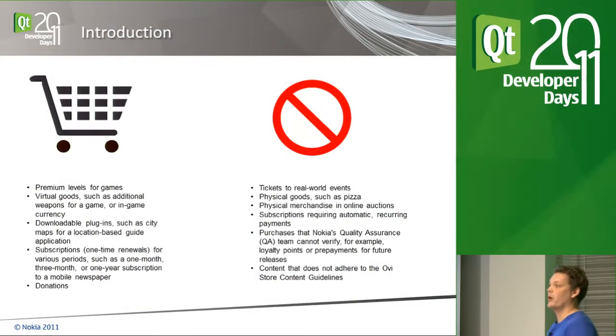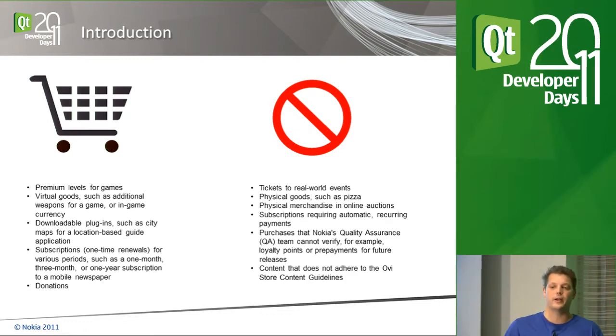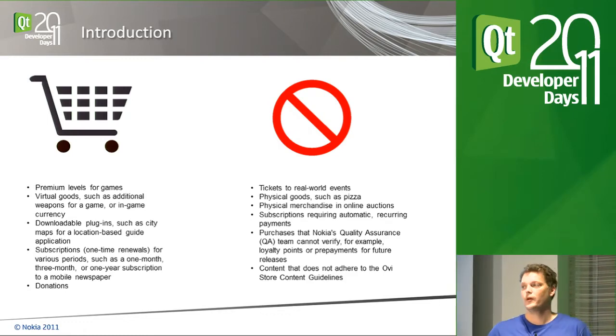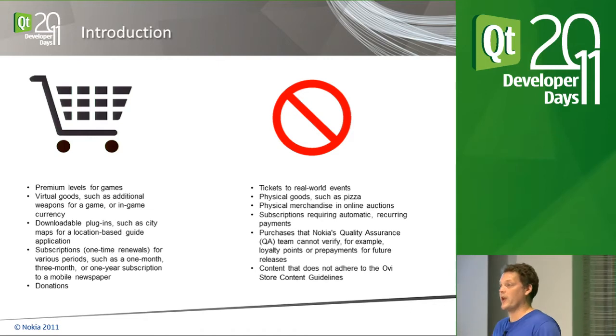So I'm just going to go over briefly what kind of things we can support and what we don't support in the in-app purchase. So things like consumable items, we will support. These are items that the user, once purchased, have a one-time use. So if you're developing, say, a car racing game, you might want to release the game for free.